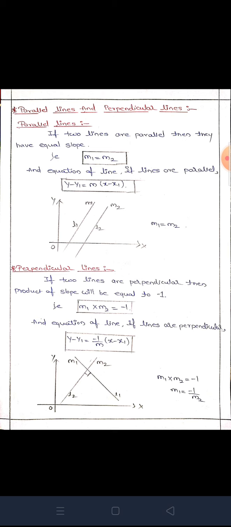Therefore, m1 is equal to minus 1 upon m2. If two lines are perpendicular, then the product of the slopes is minus 1, that is m1 into m2 is minus 1. And the equation of the line, if lines are perpendicular, is y minus y1 is equal to minus 1 upon m times x minus x1.